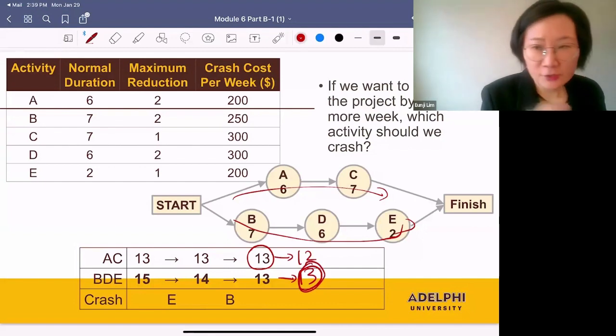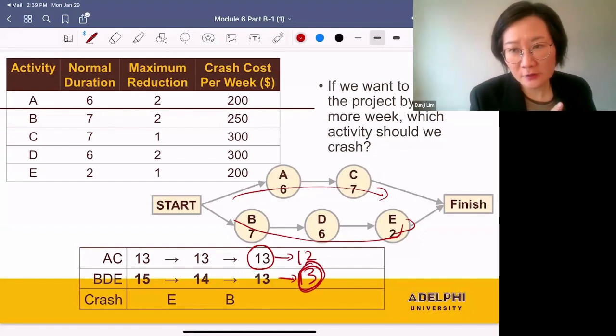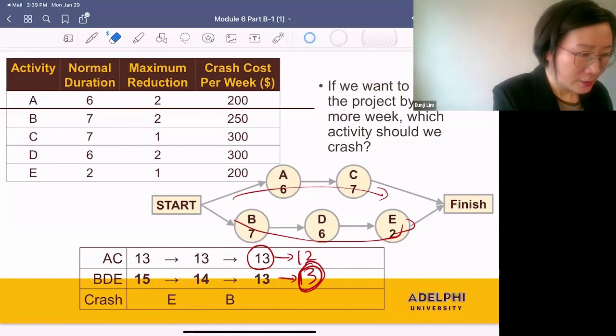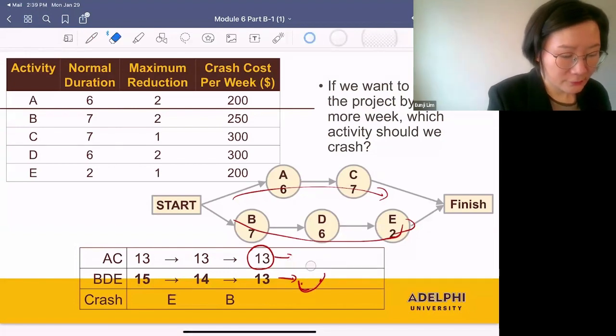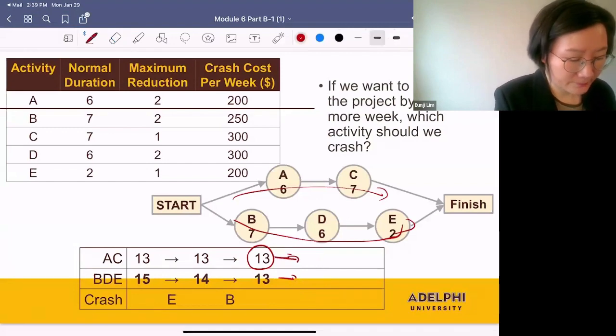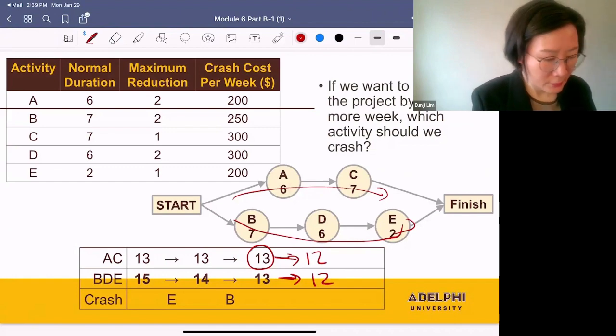So if you crash just one of them, the project completion time remains the same. So to crash the project's completion time, we need to crash both of them. We need to make both of them 12.